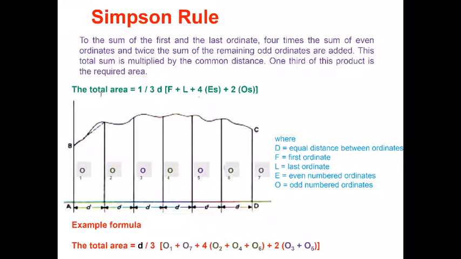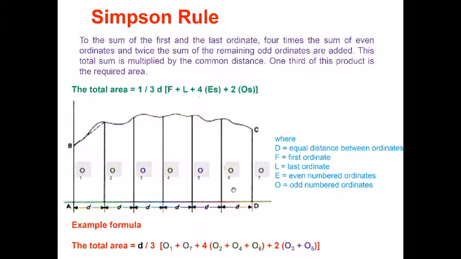So the equation becomes total area is d by 3, where d is again the distance for every strip, multiplied by f, which is the first ordinate, plus l, which is the last ordinate, plus 4 times the sum of even ordinates, plus 2 times the sum of odd ordinates.